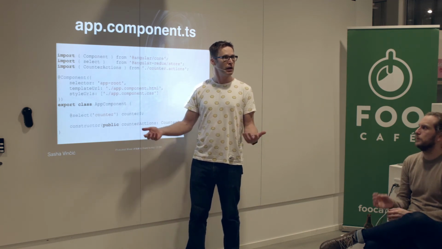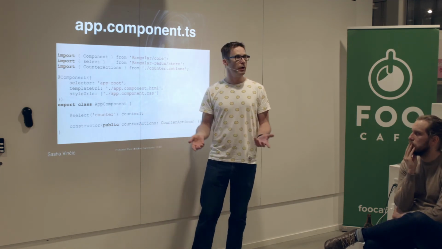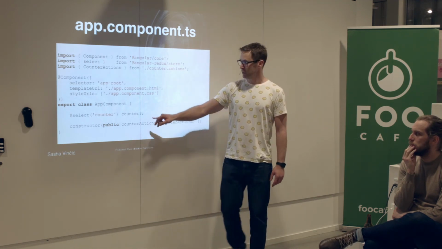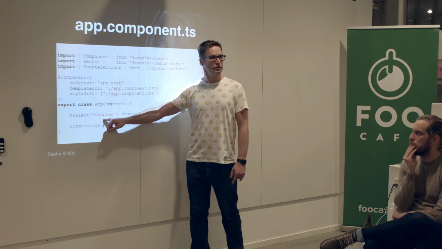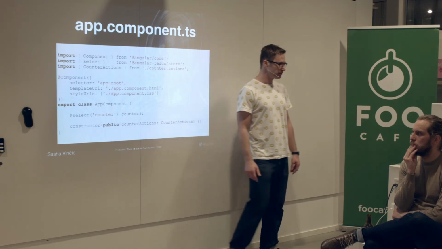So every time the counter is changed, it will be pushed here as long as this component is live. So this is how you tell the component, I'm interested in the value of counter, and you get an observable, then you can do something.